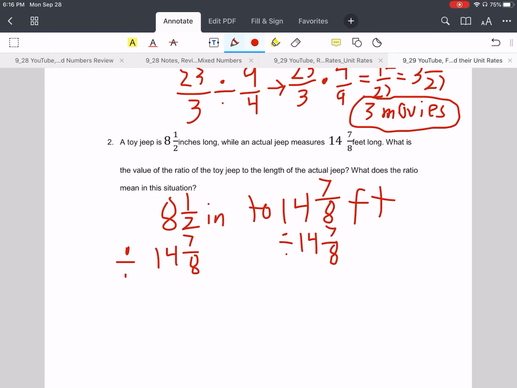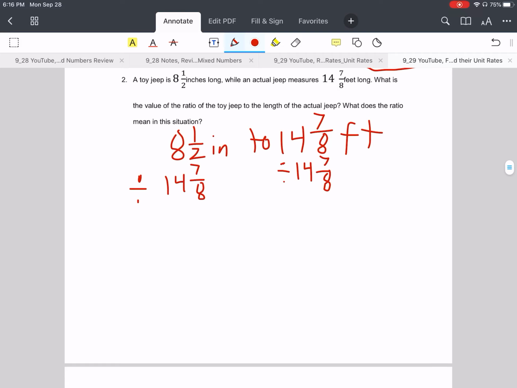So the division of 8 1/2 divided by 14 7/8 is difficult, but the problem on your assignment will not be as difficult. So this is going to convert to 17/2 divided by 119/8.